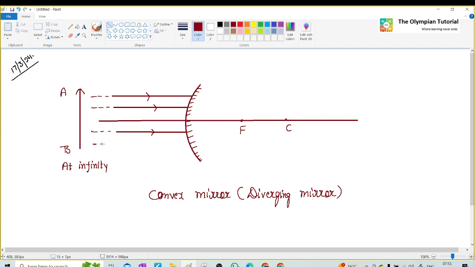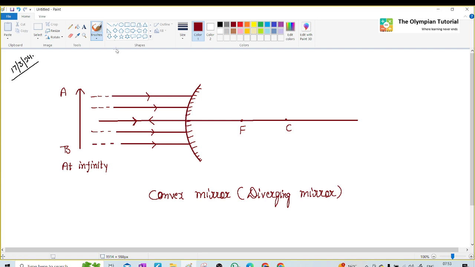From infinity, rays are coming. Students, if we are showing that on the principal axis a ray is going, please look here, then it will come back from it, because the principal axis is the normal of the mirror.